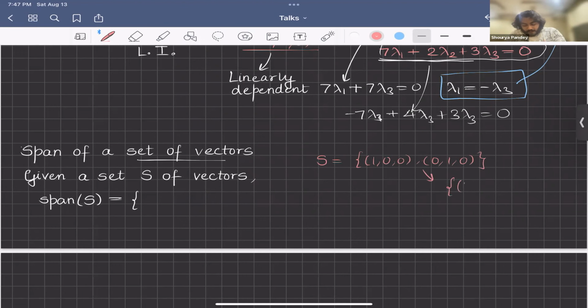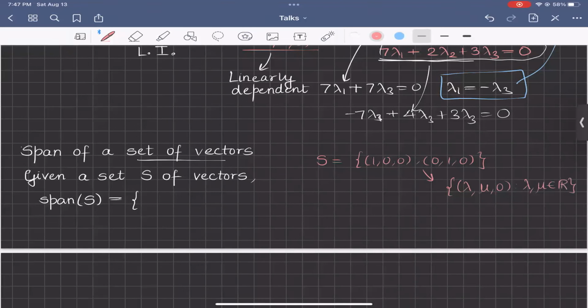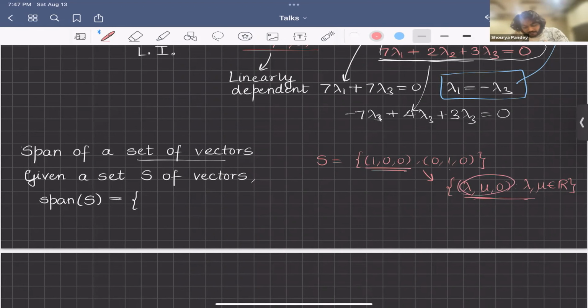What is that in this case? It would just be (lambda, mu, 0), where lambda and mu are reals. This is needed and this is enough: if I multiply this with lambda and this with mu and add them, that gives me this. In fact, this is a vector space. This is just the xy-plane, by the way. And so this is the span of this set.